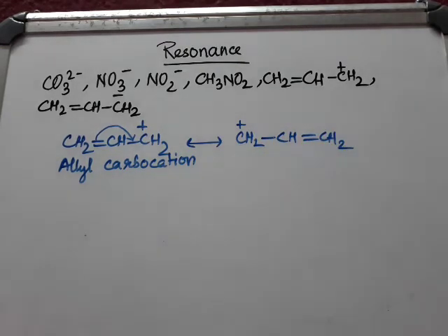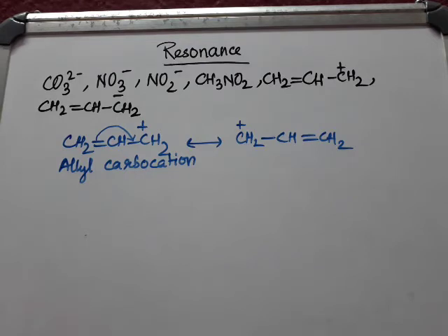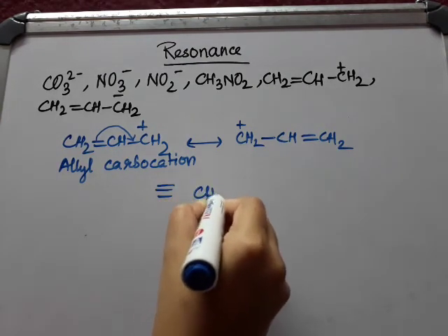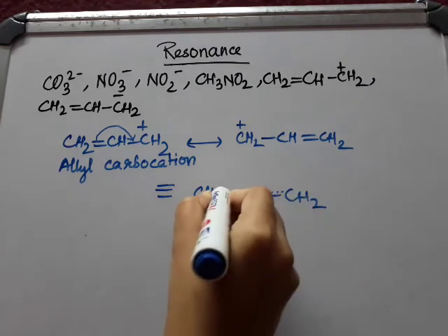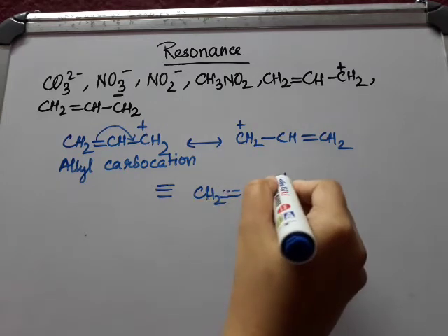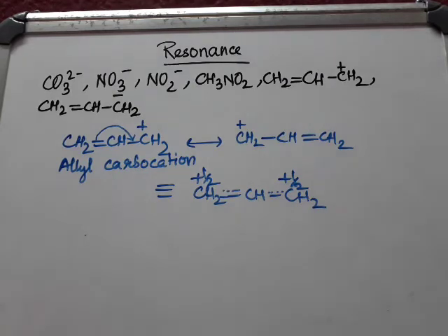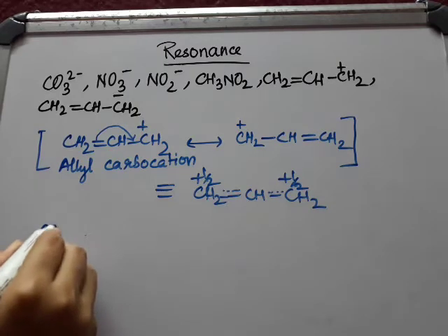We know that any charged species is always reactive and not stable, but due to resonance allyl carbocations can get stability, and the actual resonance hybrid of allyl carbocation is like this, with partial double bond character. So this is the resonance hybrid of these two canonical structures.